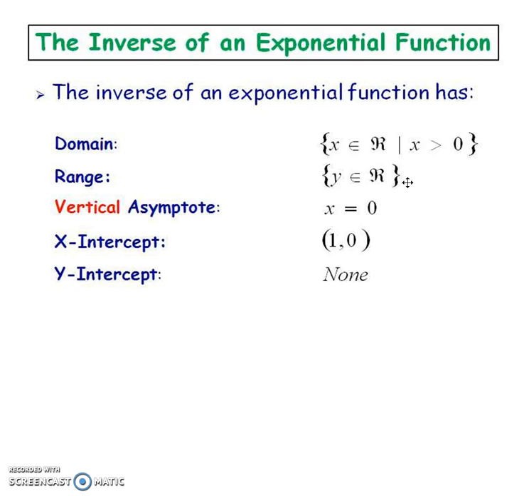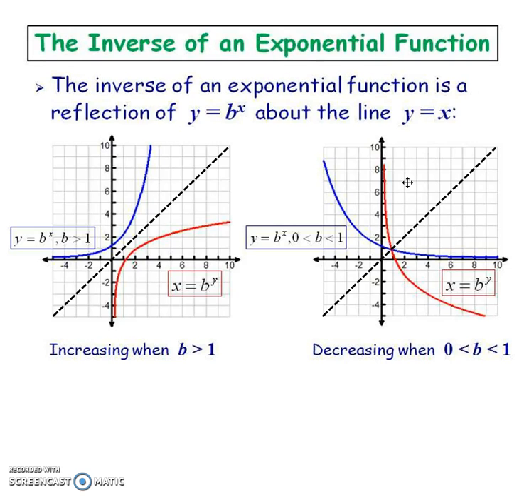So let's take a look at what this might look like. I have my exponential growth and my exponential decay. If I do the inverse, which is to flip it over that dotted line, it's going to look like the red graph. Notice that you have that vertical asymptote. The red goes closer and closer to that asymptote but never touches. It has that x-intercept at 1, 0.